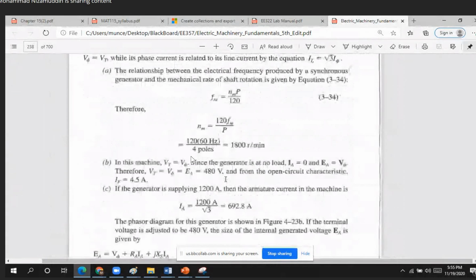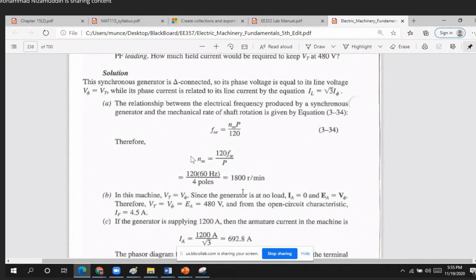Okay, let me see the answer here. You have the frequency. First they're asking how much is the speed, it is 1800, 120 f over P. So you can get the RPM. This is synchronous speed, and the shaft speed as well.